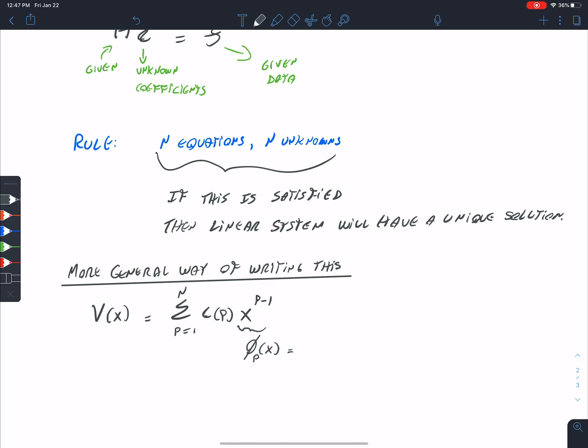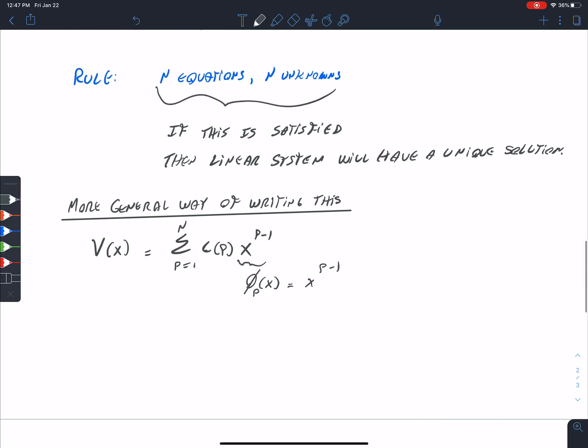It's just calling it something else; there's nothing more going on here. So we can write this now as v of x equals the sum over p equals 1 through n of c p phi p of x.